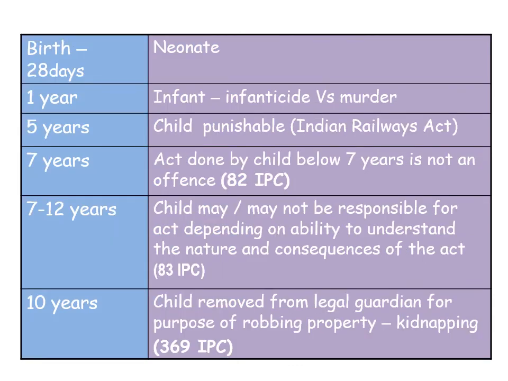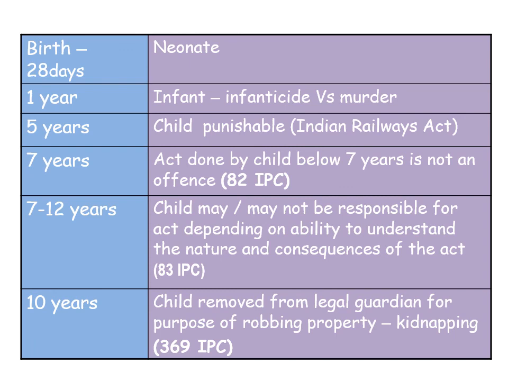Now coming to after birth: until 28 days after birth, the baby is considered a neonate. Until 1 year, the baby is called an infant. Killing of the baby is infanticide and can be treated as murder, and punishment is awarded as per the law.